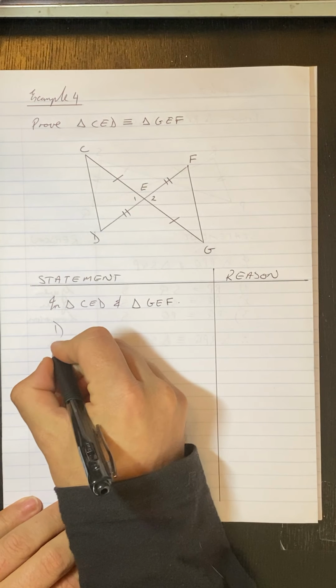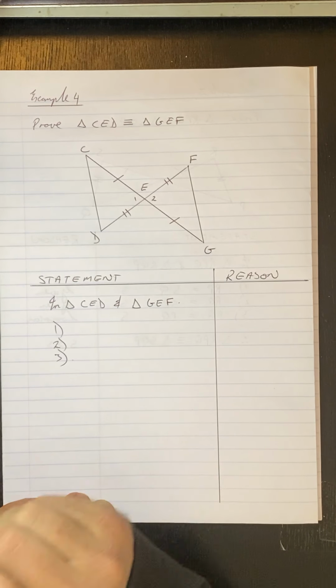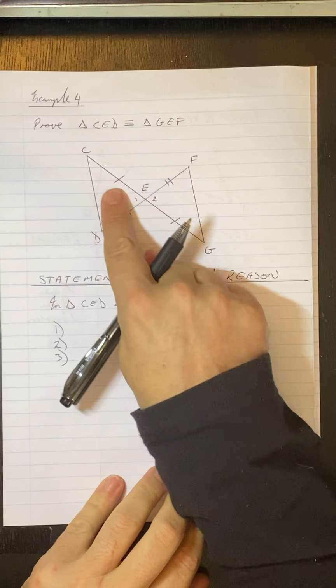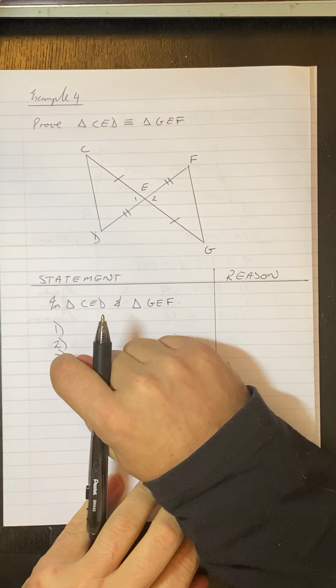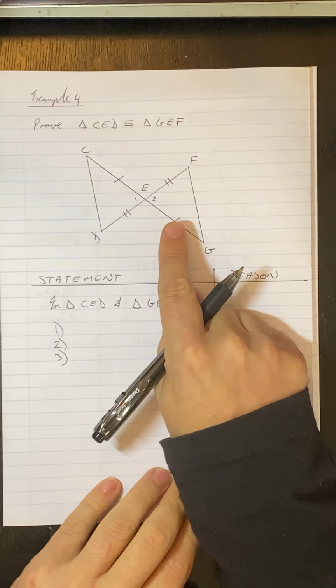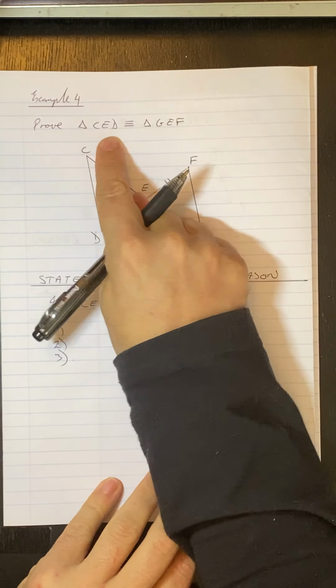We need 3 things for congruency. Okay. So the first thing I'm going to say is that this side CE is equal to this side GE, or EG. Okay, it was given to us. Now CE lies in the CED triangle.